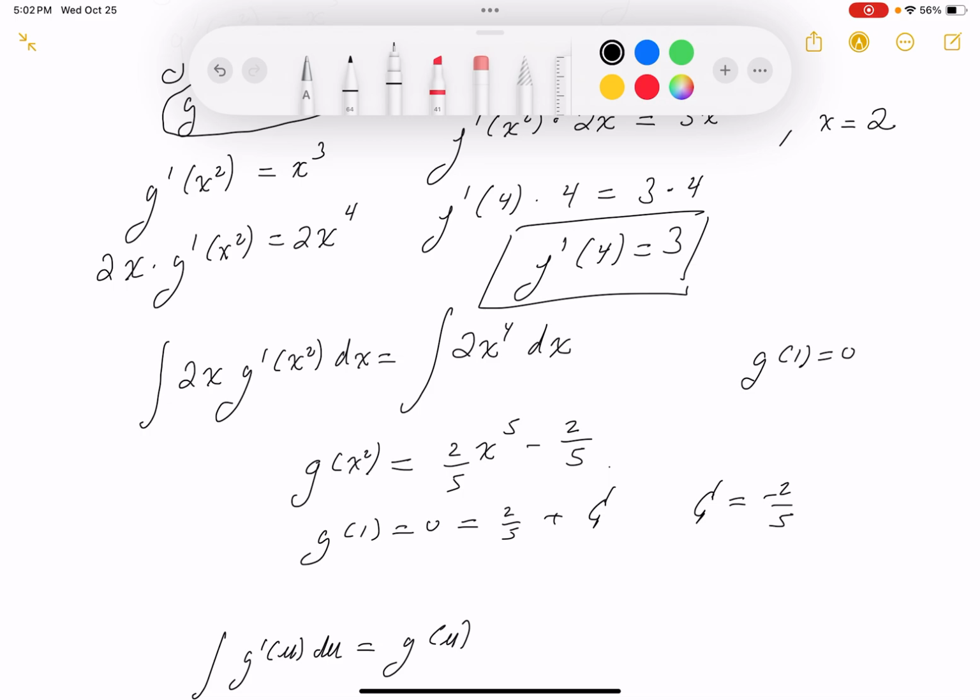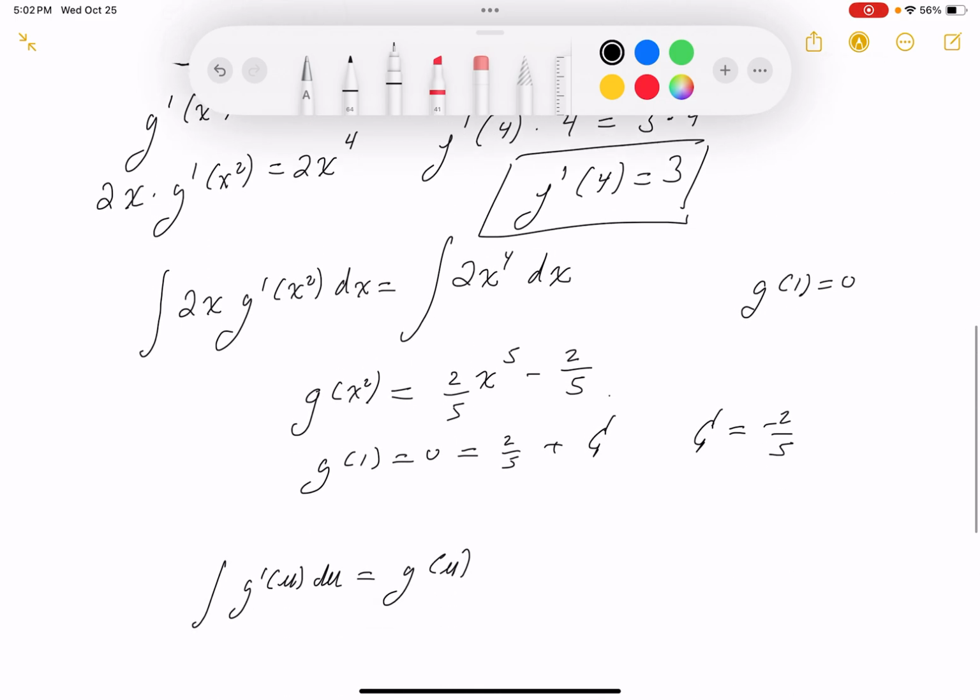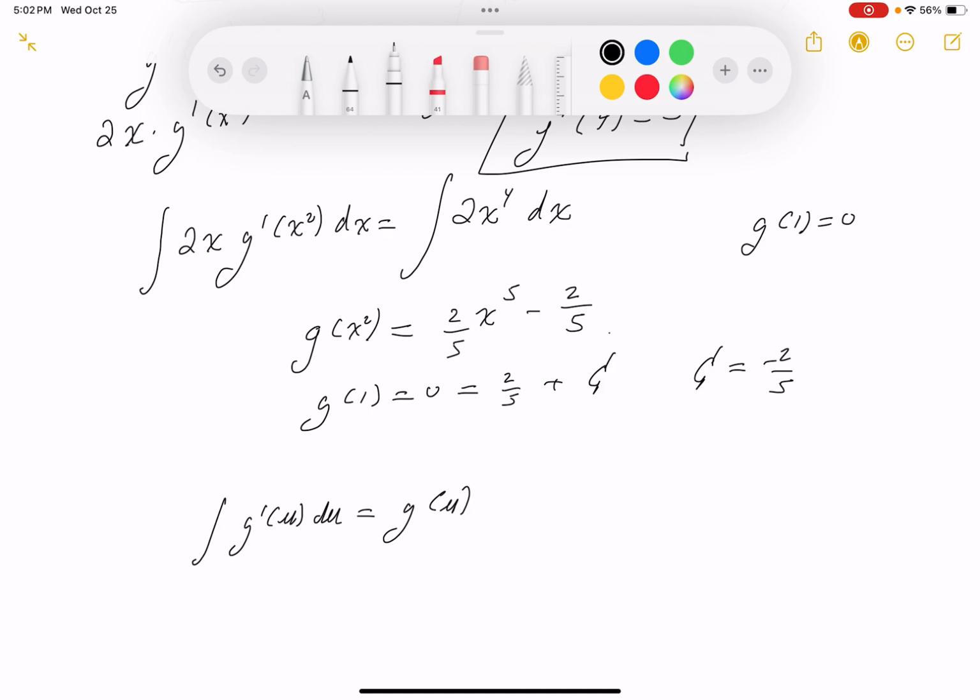Okay, I got to remember what the question is, right? The question is what's g of 4? I can write this down now. So I set x to be 2, and I'll get g of 4. What's g of 4? It's going to be 2/5 times, what would x be? x is 2, right?